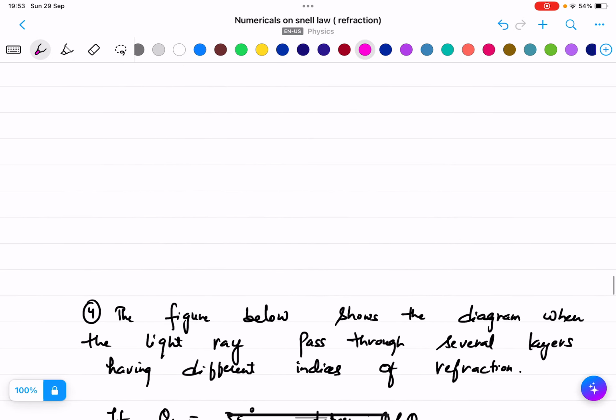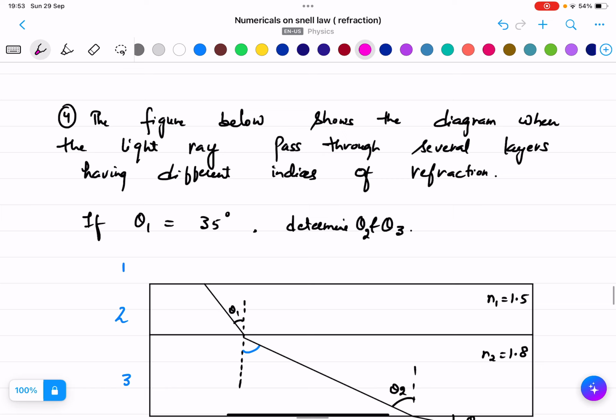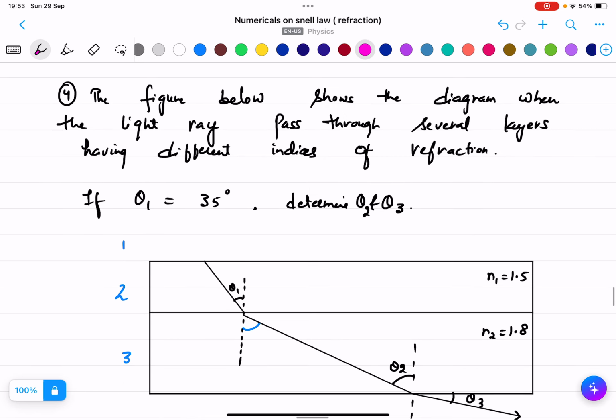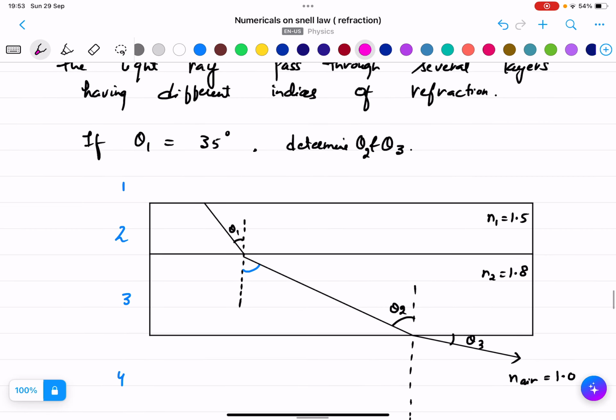Okay, now question number 4. The figure below shows the diagram when the light ray passes through several layers having different indices of refraction. If theta 1 equals 35 degrees, determine theta 2 and theta 3. It's very simple. A diagram is given to you. This is medium number 1. This is medium number 2.